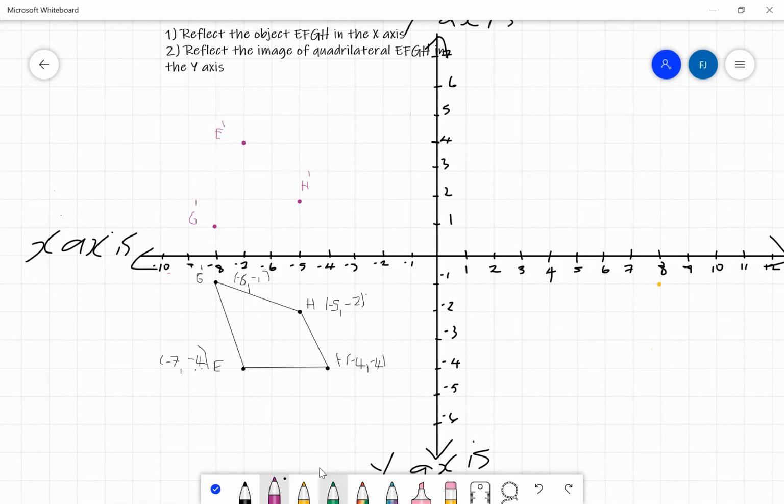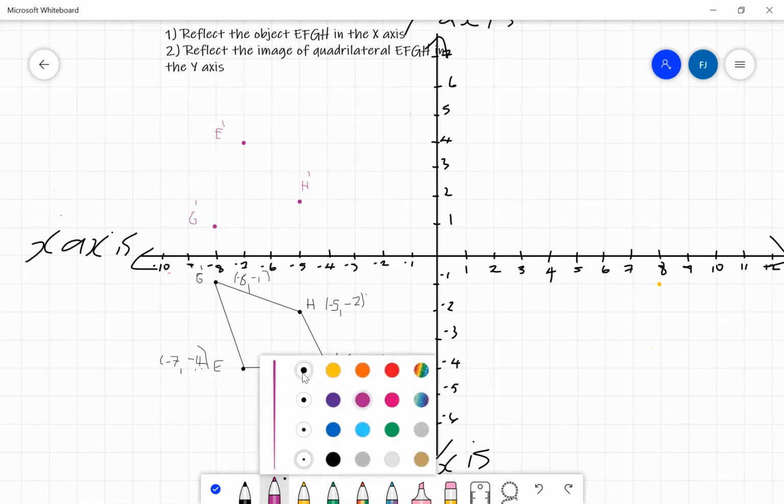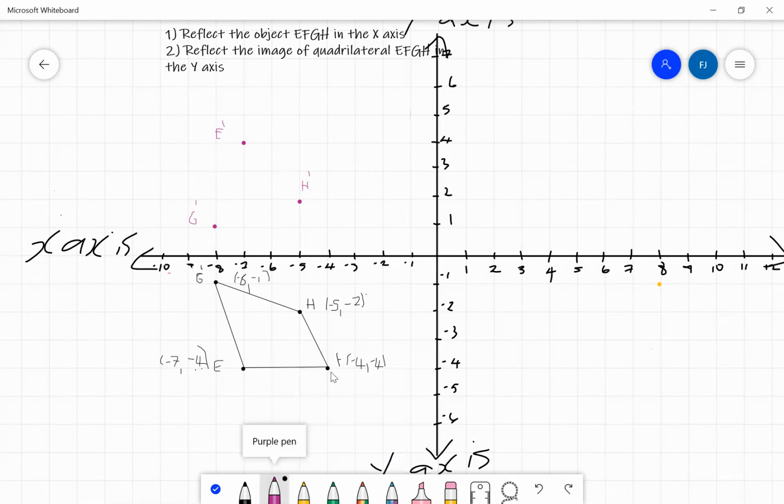Finally, point F. Point F can be seen to be 1, 2, 3, 4 units away from the x-axis. Therefore, we will count 1, 2, 3, 4 units away from the x-axis to obtain point F prime.